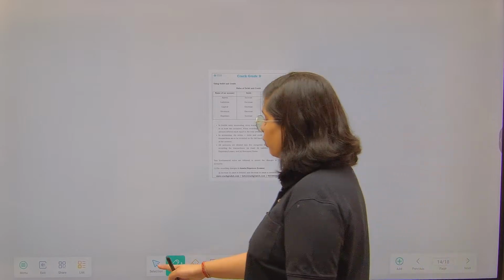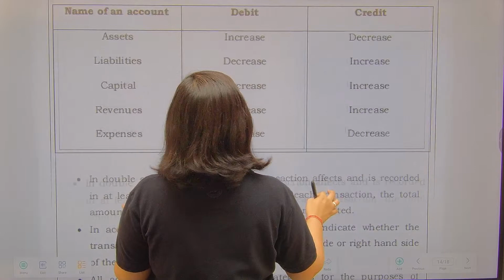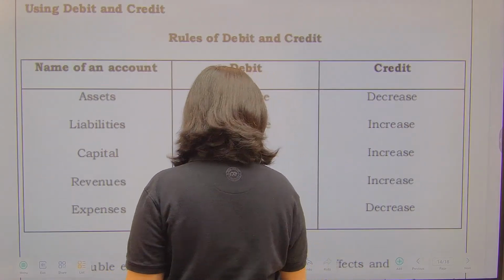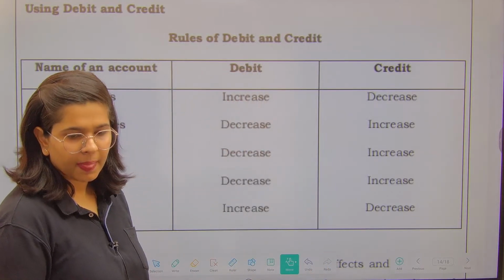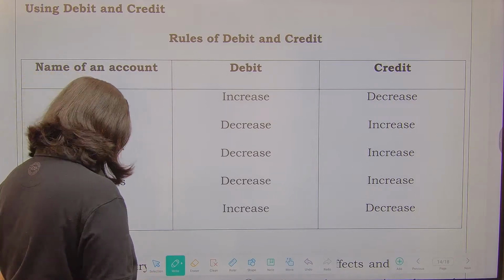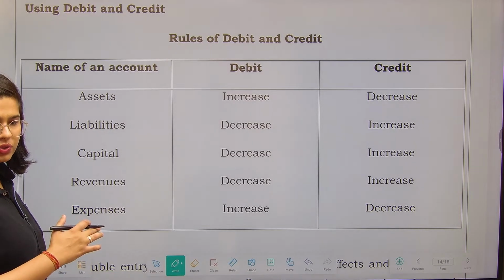Now let's see the rules of debit and credit. These are the rules. Now in your accounts, you are going to see 5 kinds of accounts, right?